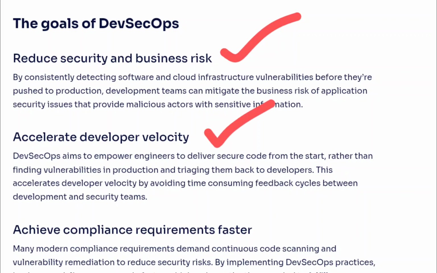DevSecOps aims to empower engineers to deliver secure code from the starting phase itself, rather than finding the vulnerabilities in production and sending them back to the developers. This accelerates a developer's velocity, where it avoids a time-consuming feedback cycle between development and security teams.